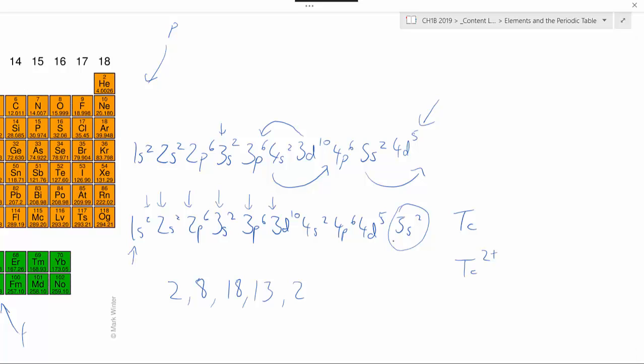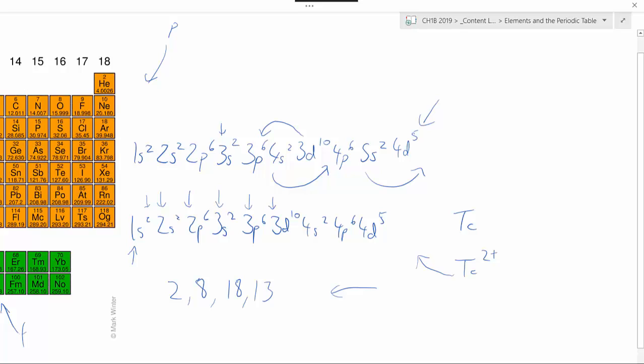So to do Tc2+, we would just get rid of that. And that is the electron subshell configuration for Tc2+. Same thing if we wanted to do our electron configuration down here, Tc2+ would just look like that.